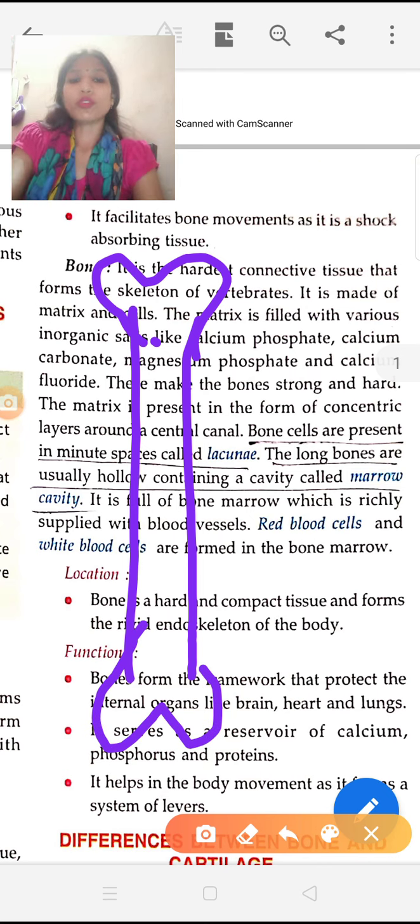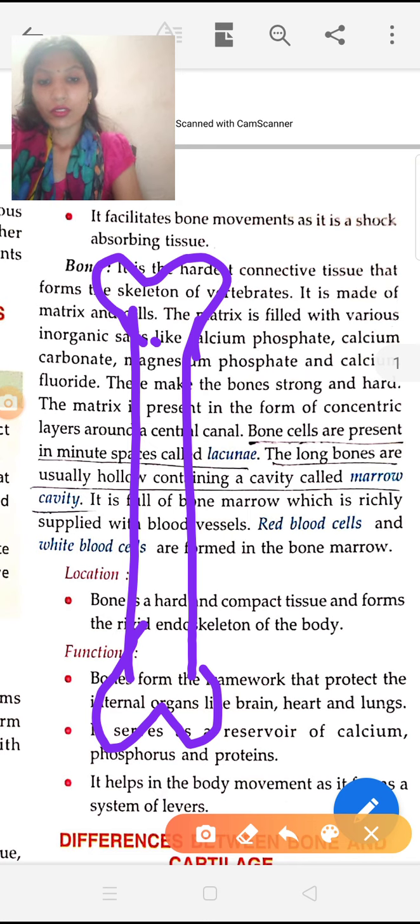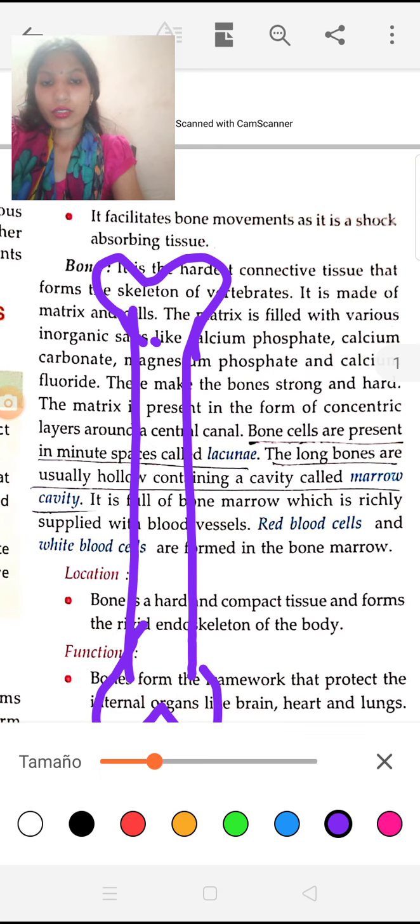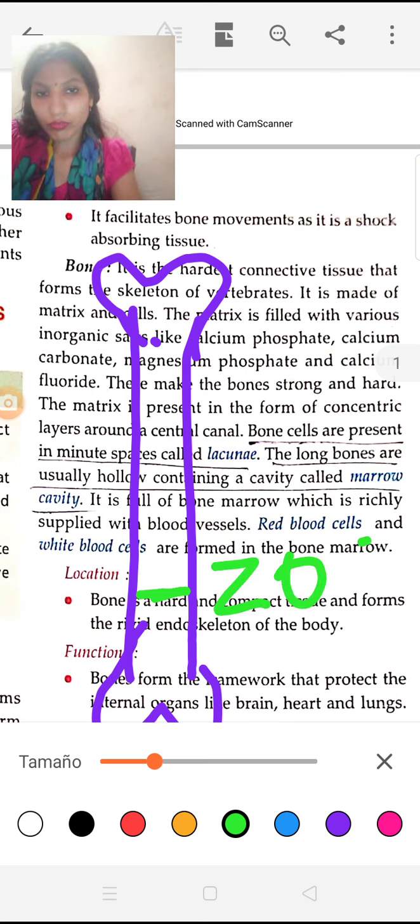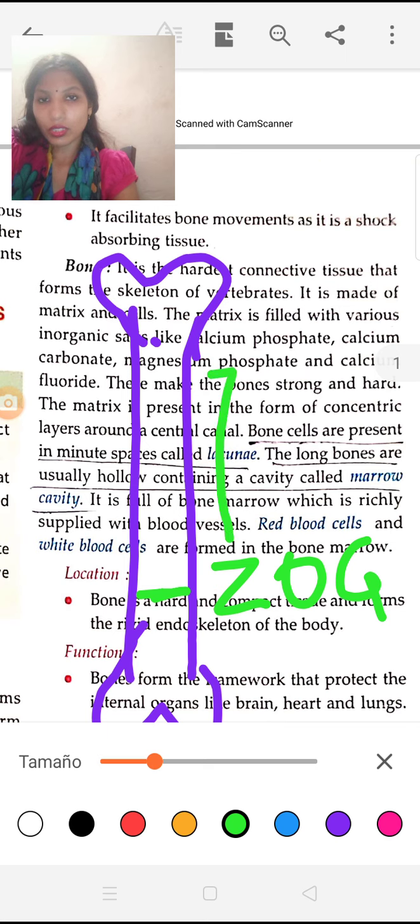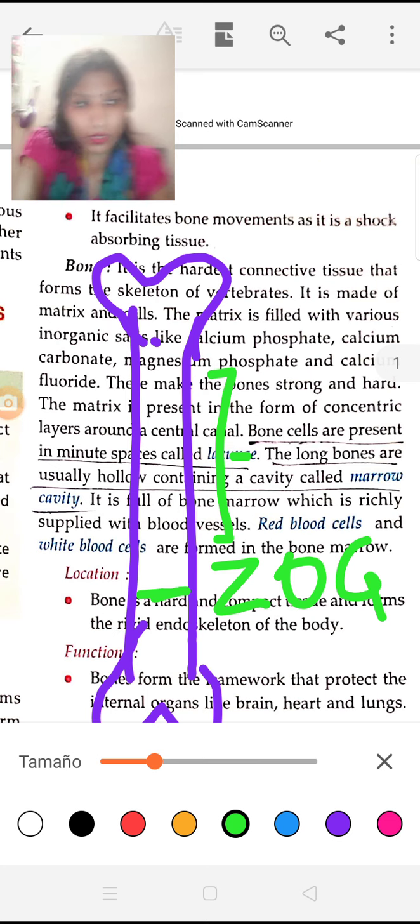It is a long bone. So here, that is the part, it is the zone of growth. It is the zone of growth. So this portion is known as diaphysis.